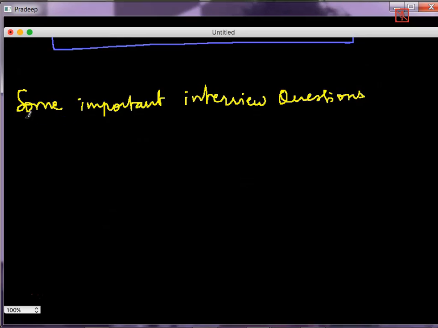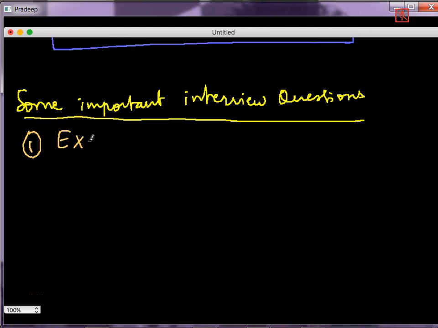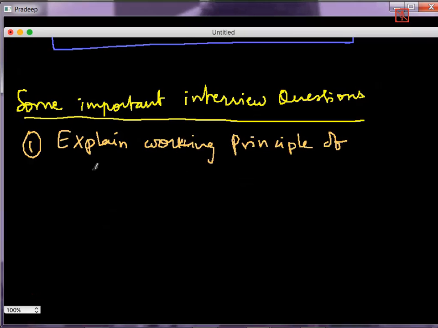Some of the questions that can be asked, these are basic questions. So first one is something like, explain working principle of DC generator. So this can be one question.